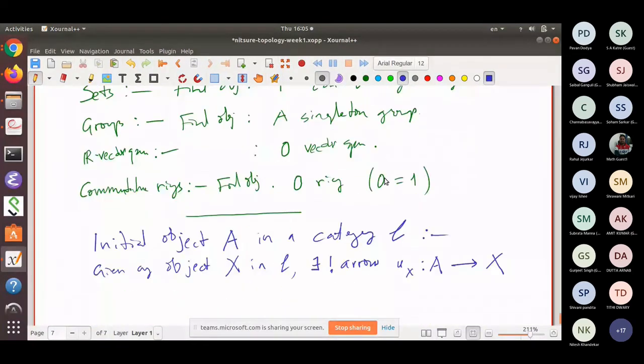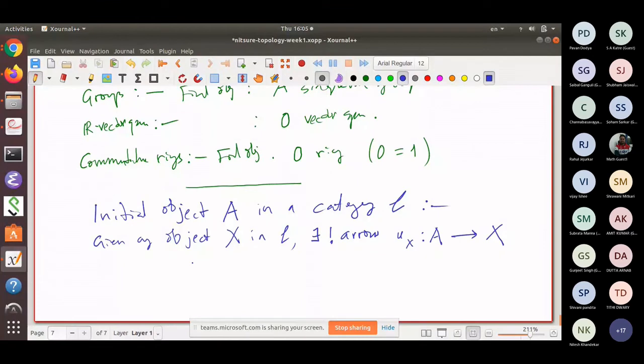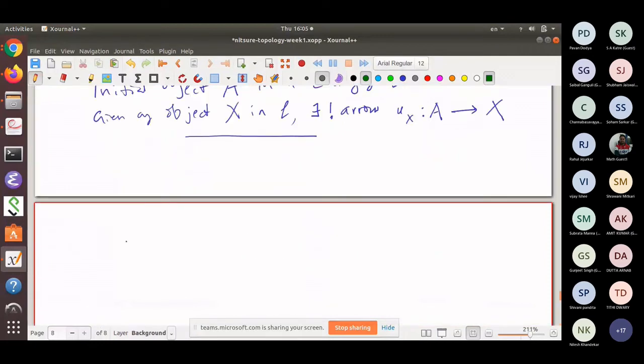Okay. So now we are going to run through examples again. So tell me, one by one. For sets, category of sets. The empty set. Correct.